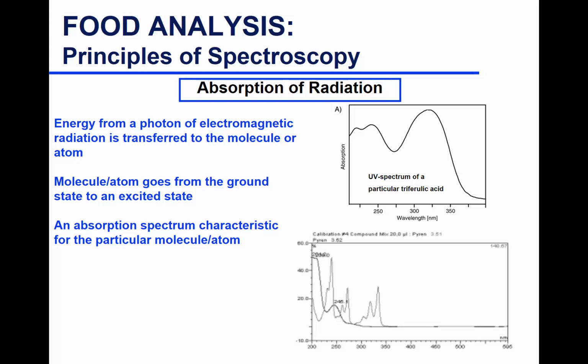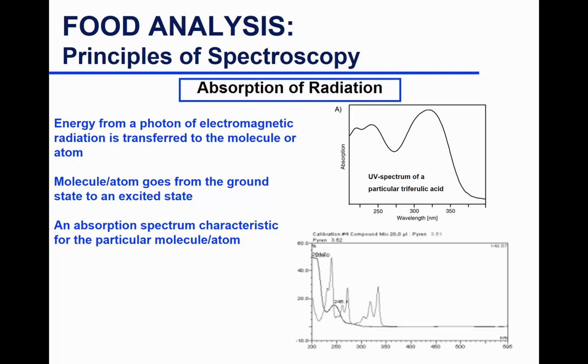So here's an example of a spectrum. I'm going to draw a couple of other spectra just to illustrate the point that absorption only occurs when the energy is equivalent to the allowable energy transferred within the molecule or the atom.